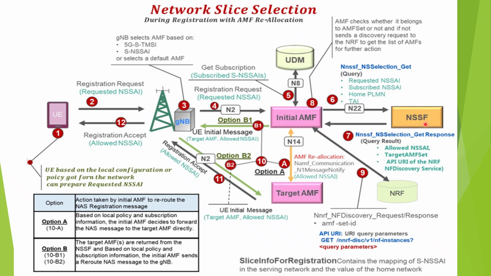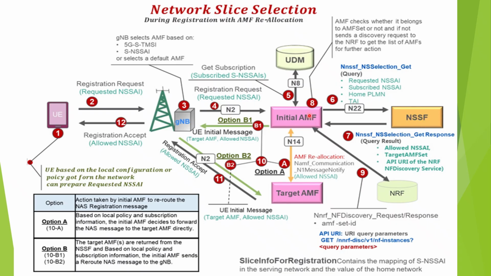And then the NSSF gives the response to the initial AMF, with the allowed NSSAI and the target AMF to communicate; those details will be shared with the initial AMF. The initial AMF then checks whether it belongs to the AMF set, because this assigns the AMF set.